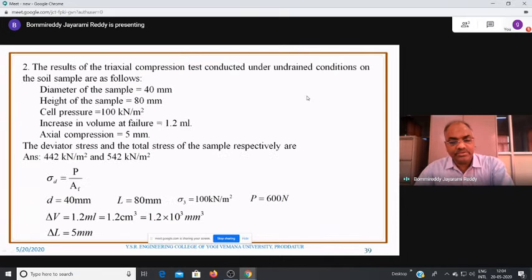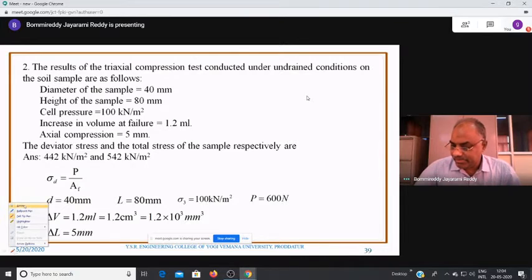The second question. The test results of a triaxial compression test conducted under undrained conditions on a soil sample are as follows.